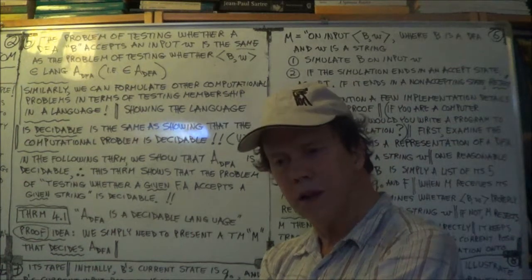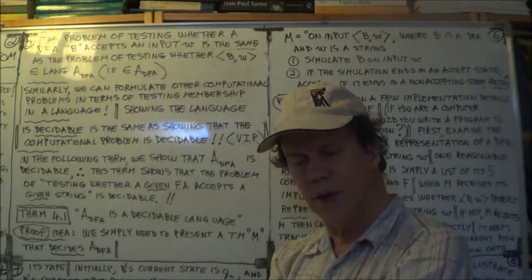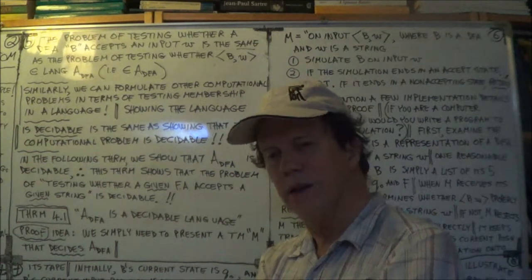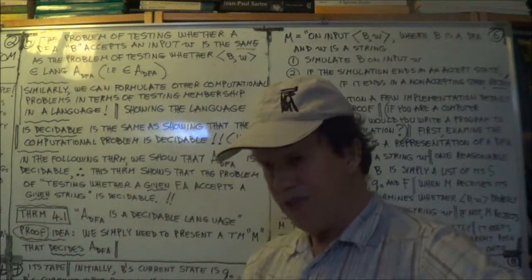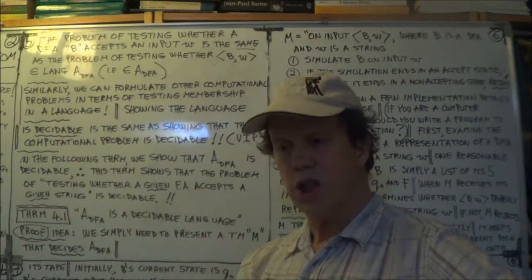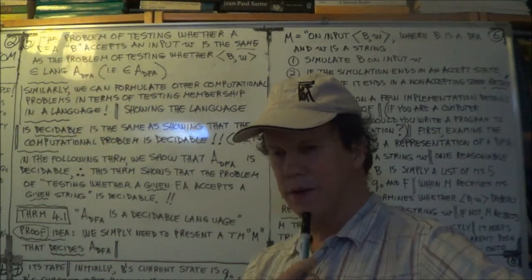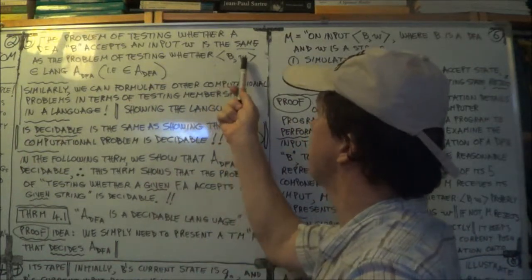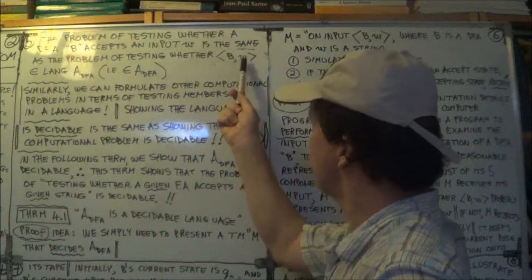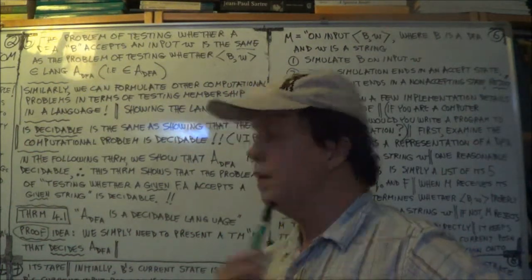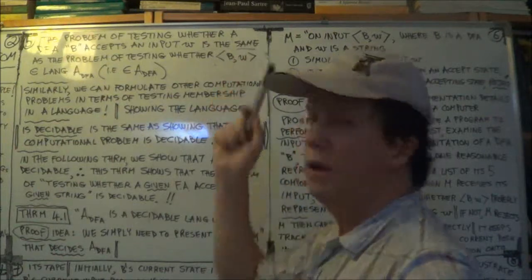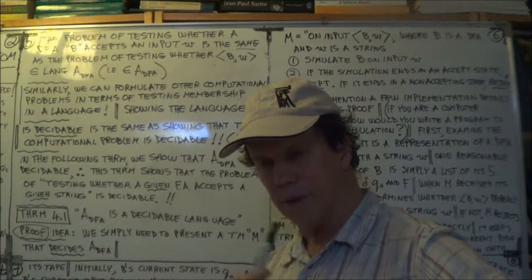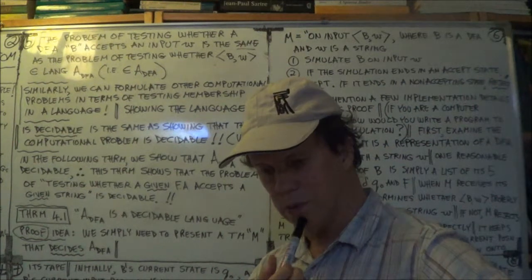So we can conclude, if the language A suffix DFA is decidable, then there's a Turing machine that decides it, right? So if B does not accept W, if this random machine does not accept this random string, then this whole string here is not a member of the decidable language.